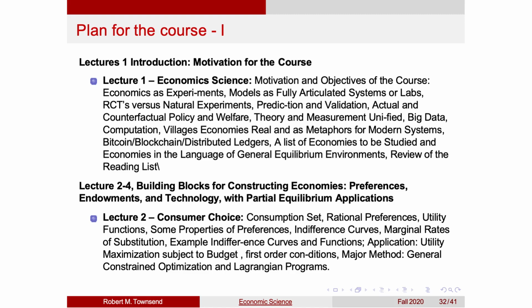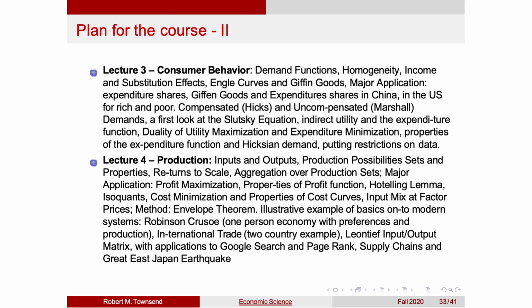So we're going to talk about constrained optimization and the use of Lagrangian programs. So the not so secret is that we're training, hopefully learning, the methods of analysis as these theories and topics come up. Usually in every lecture, or almost every lecture, there's something about a method that will be very powerful that I want you to learn. And we will take the time to go over it.